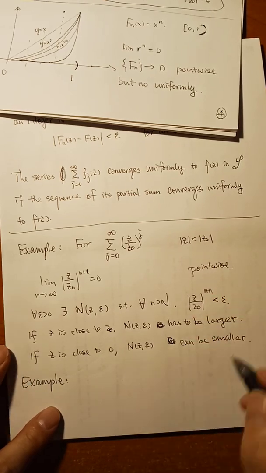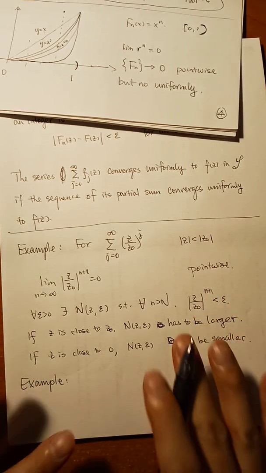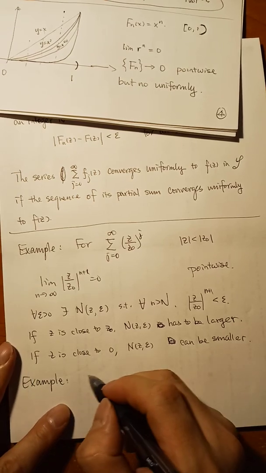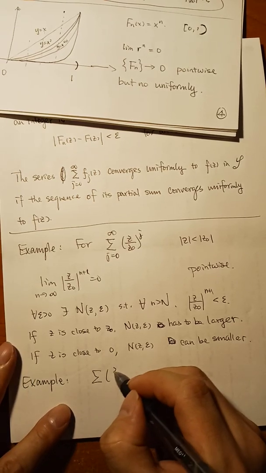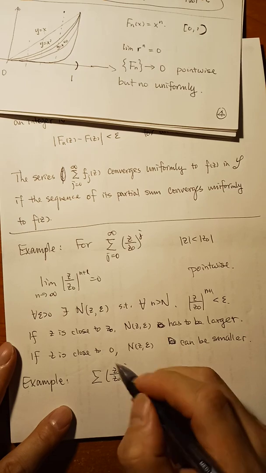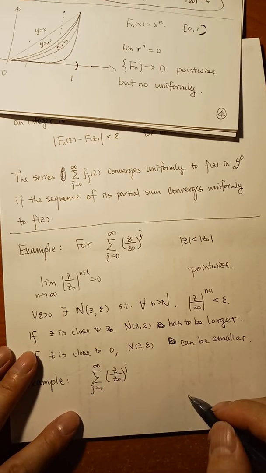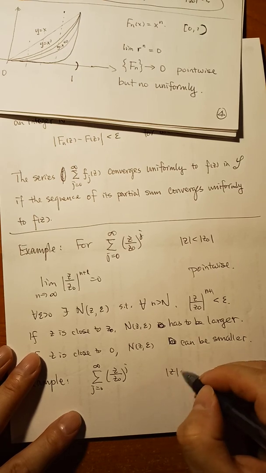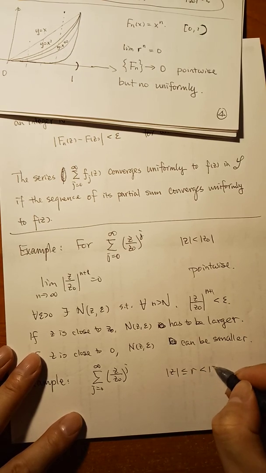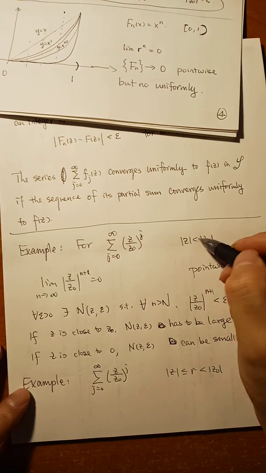For every point, you can realize it, but it depends on this point. And now we have the same series, and we require the absolute value of z to be less than or equal to R, which is less than the absolute value of z0.